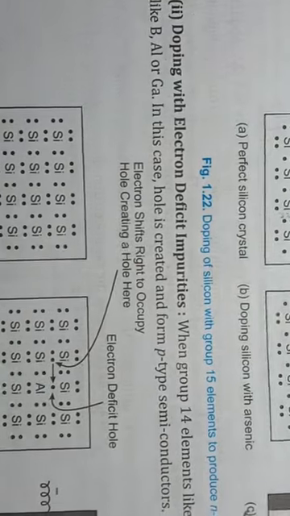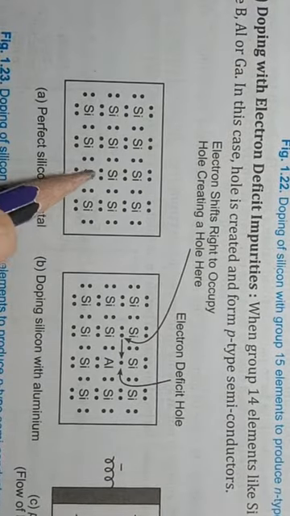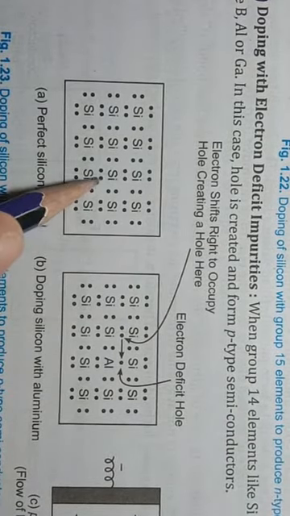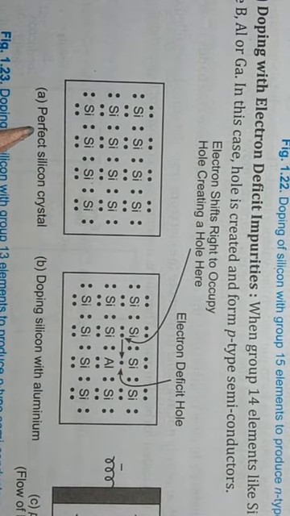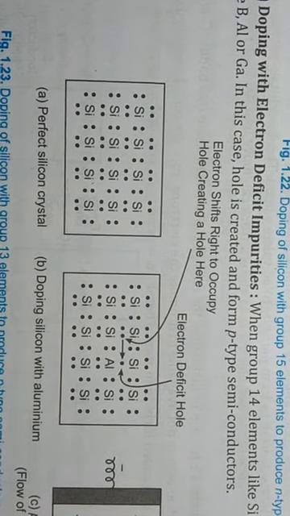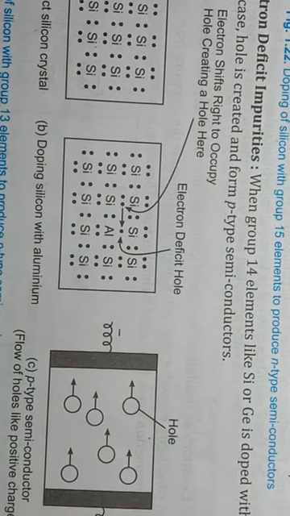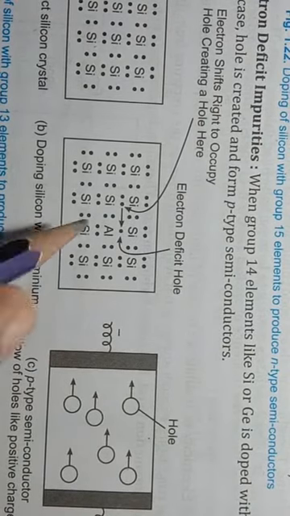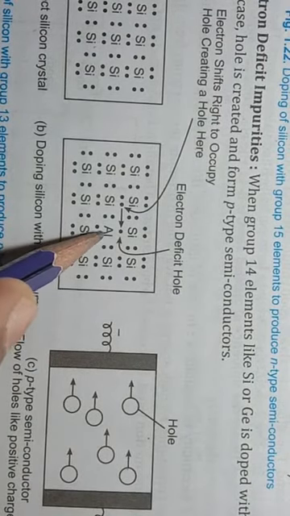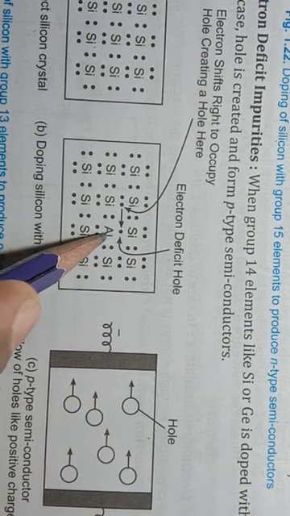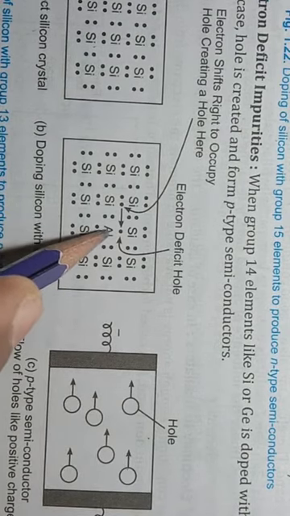Again, for example, this is silicon with 4 electrons in the outermost shell in the form of a perfect crystal. Now when we dope the silicon with aluminium, we all know that aluminium has only 3 electrons in the outermost shell.